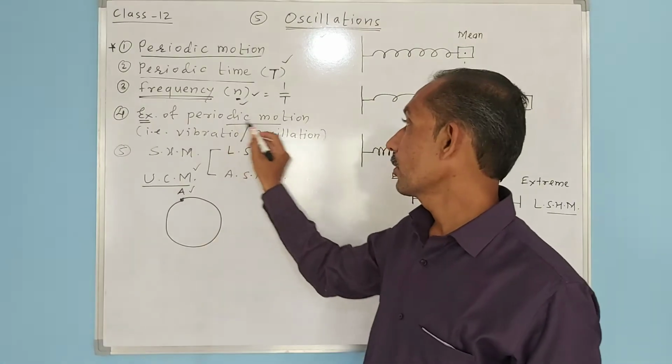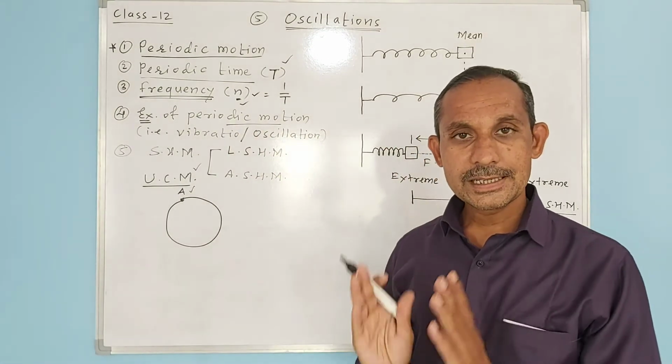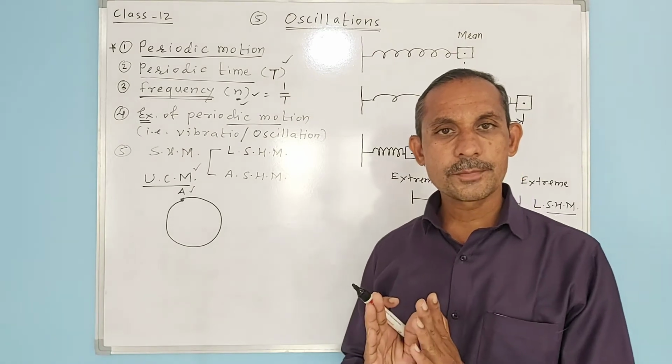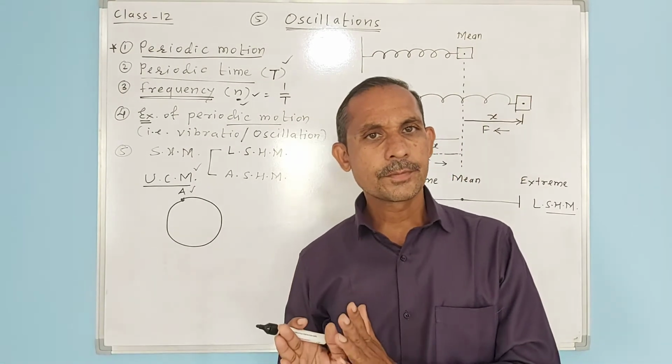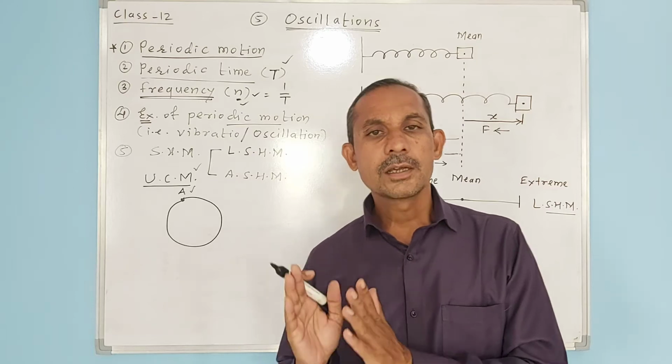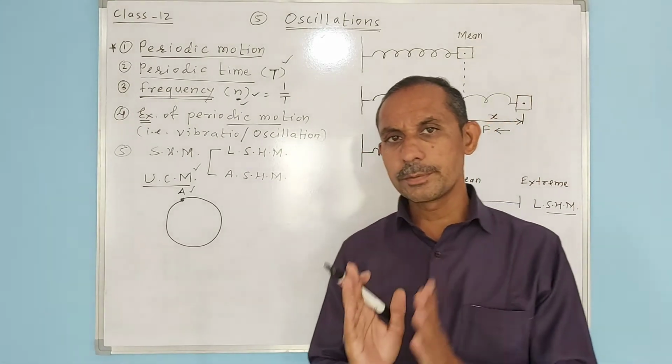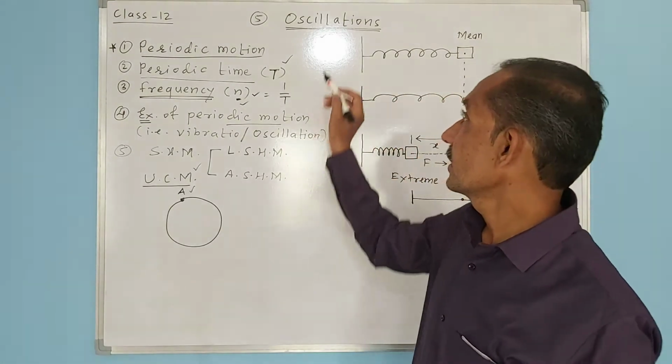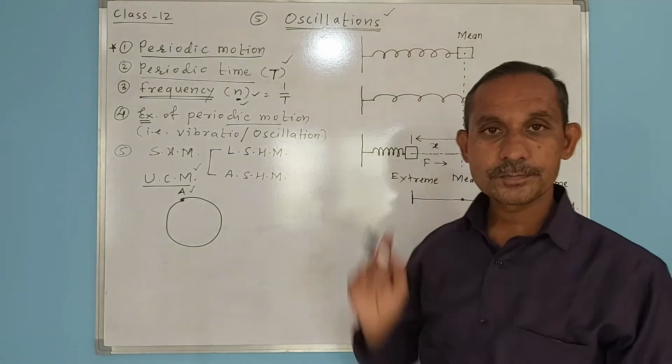So, examples of periodic motion. In this chapter we are going to study one periodic motion, and that periodic motion is called oscillation.